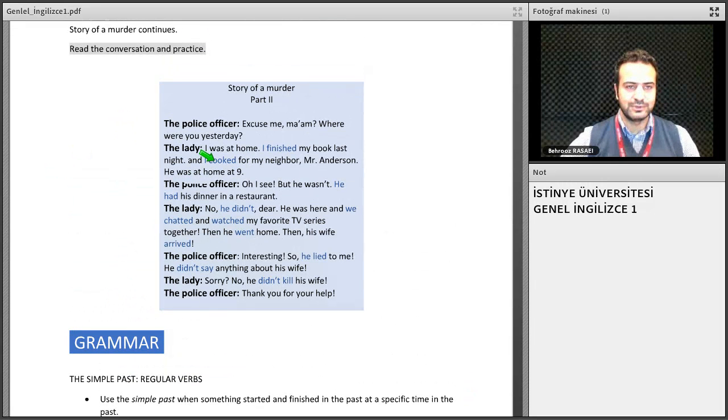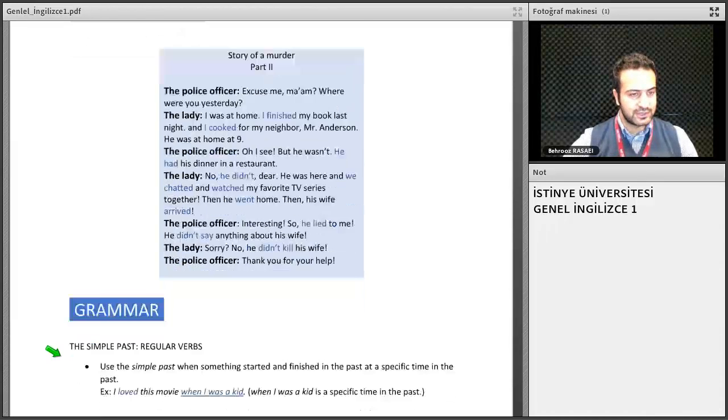Okay, so in the story we have some verbs that are different, like finished, cooked, had, didn't, chatted, watched, went, arrived, lied, didn't say, didn't kill.